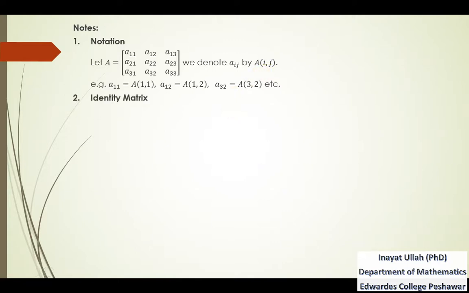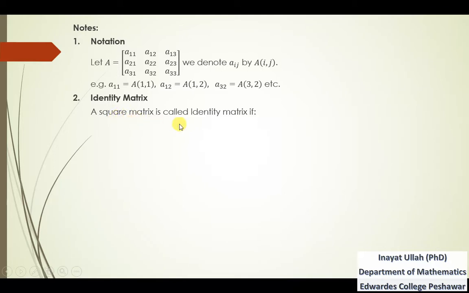Secondly, the identity matrix. The identity matrix is a simple matrix, and you have studied this matrix in your previous classes. First of all, an identity matrix is a square matrix. A square matrix is a matrix in which the number of rows and columns are the same.